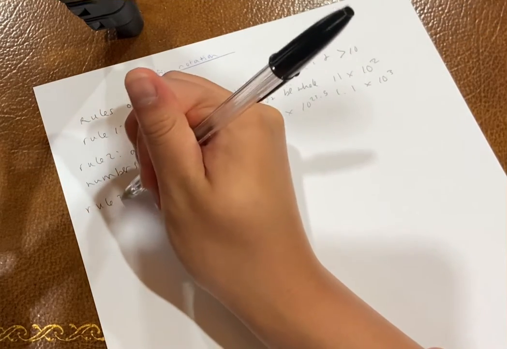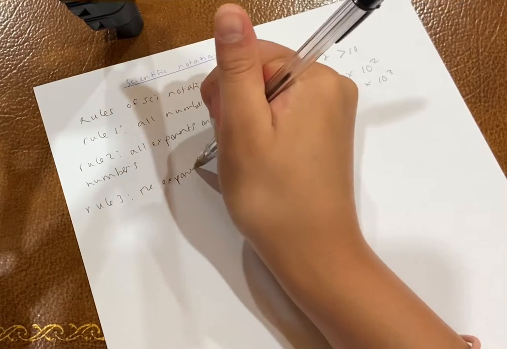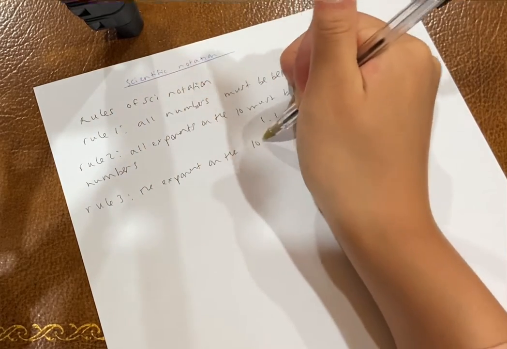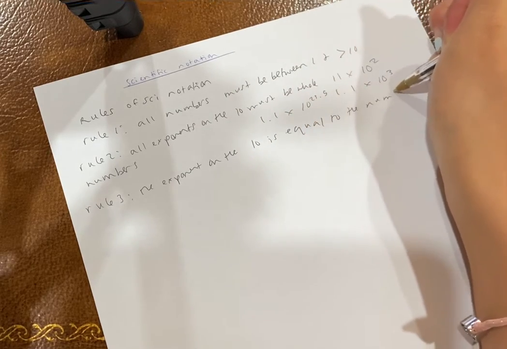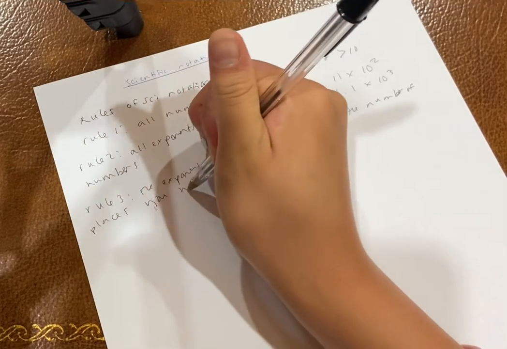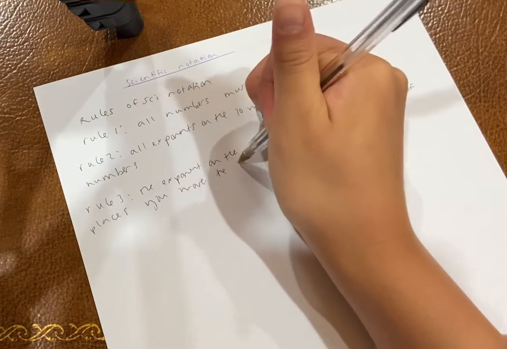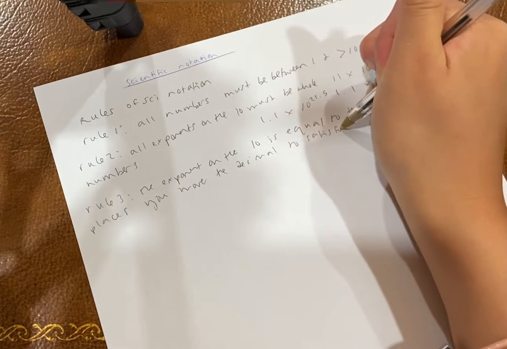And rule number 3 is that the exponent on the 10 is equal to the number of places you move the decimal to satisfy rule number 1.